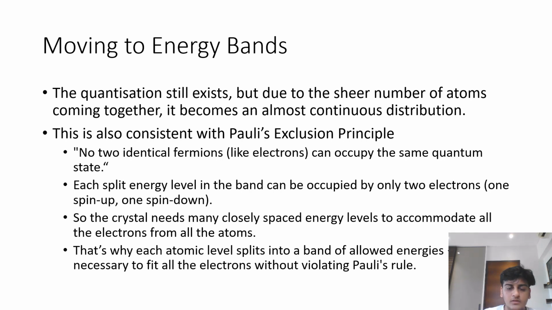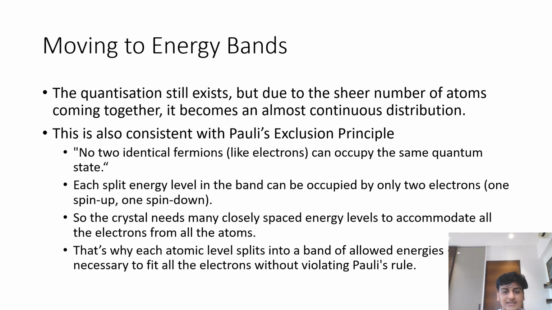So now, what happens when you bring so many atoms together, all with the same energy levels? Due to Pauli's exclusion principle, it's no longer possible for two electrons to have the exact same energy level, because then they would have the exact same quantum state, right?